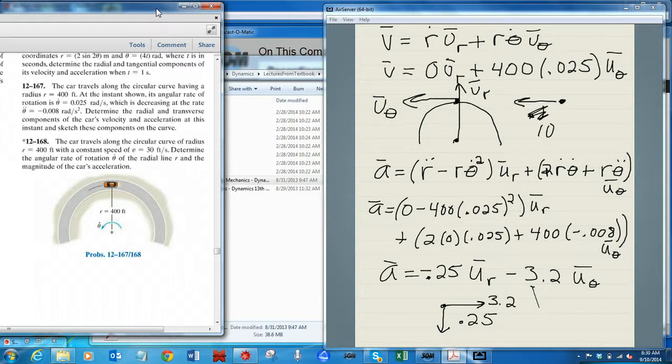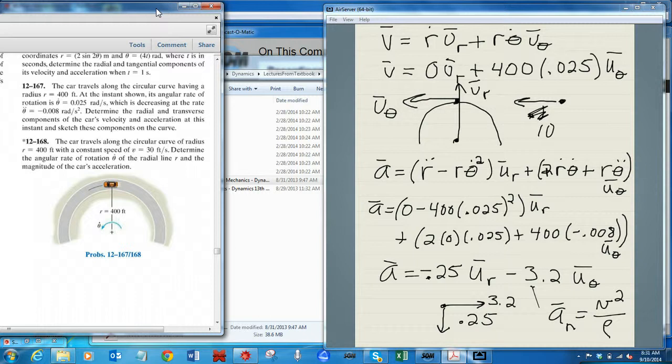Is the normal acceleration ever negative? Think about the formula. Normal acceleration is speed squared divided by radius. Is speed ever negative? Square it, it's always positive.